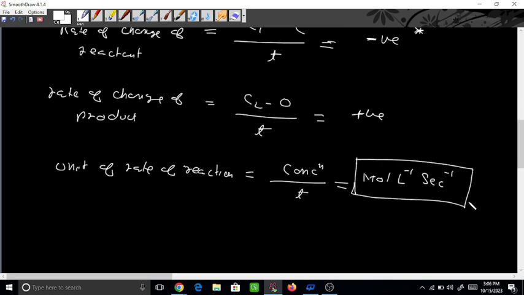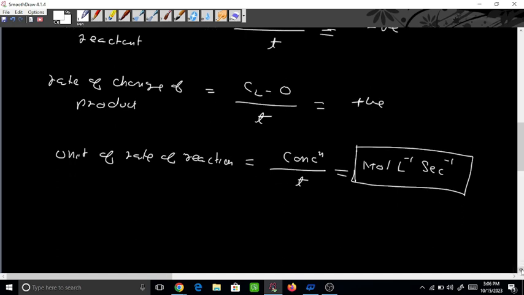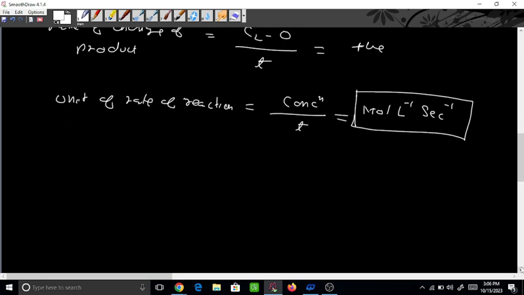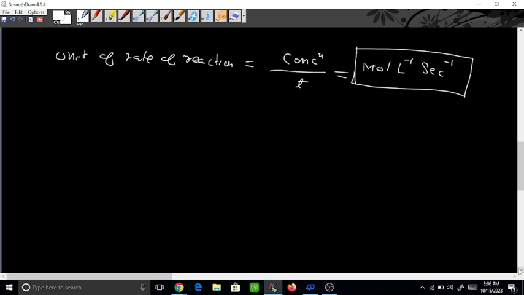So there is some difference between average rate and instantaneous rate, that is the same as average velocity and instantaneous velocity. Here basically, suppose we have to take the rate at time t, that is instantaneous. If there is a longer duration of time, that will be average. Suppose you are going from Delhi to Bangalore, and there is some distance, suppose 100 kilometers. How much time did you take to cover 100 kilometers?